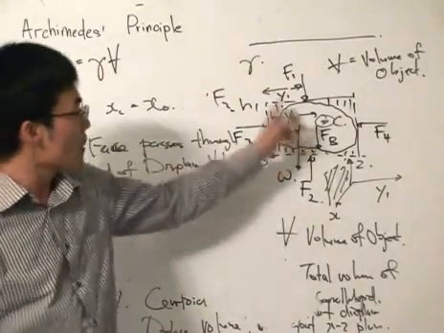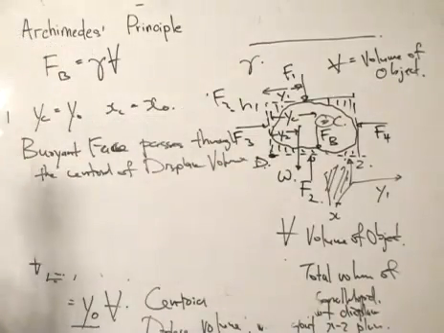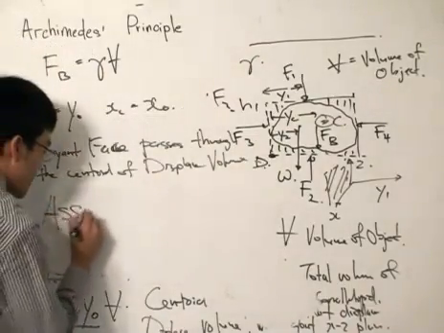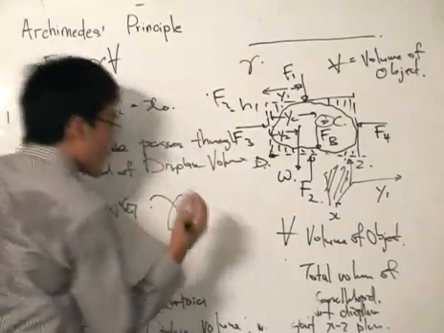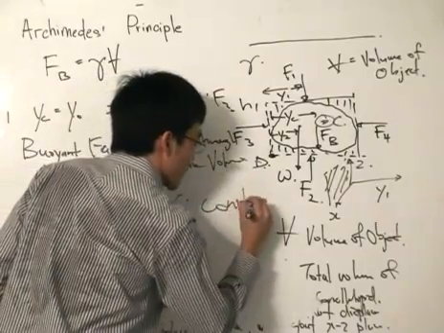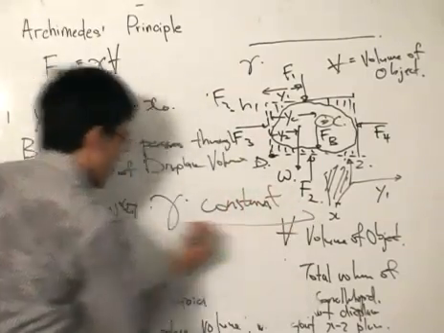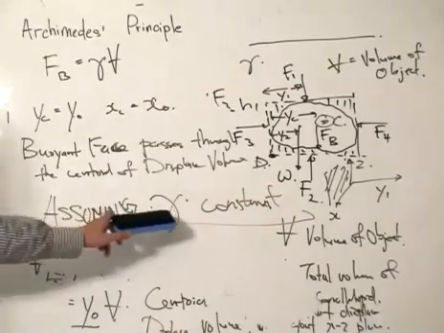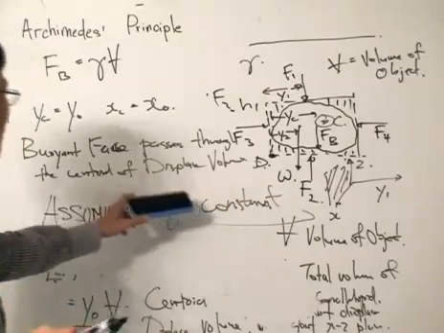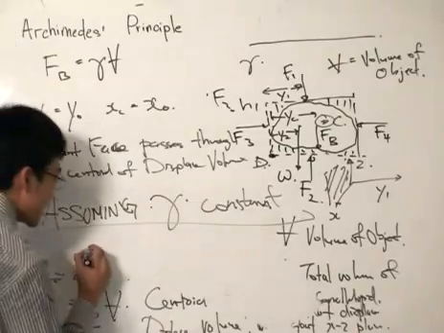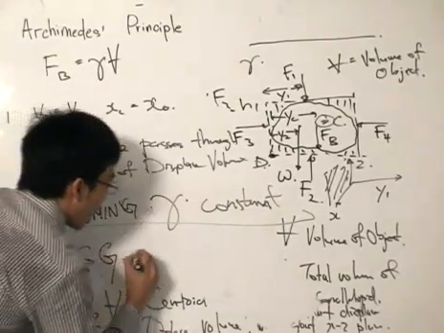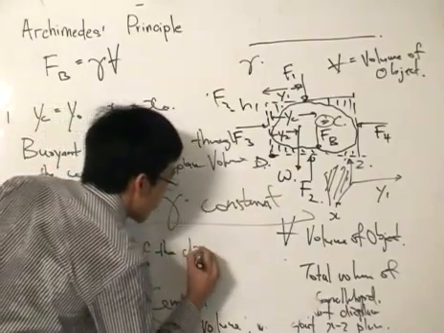But to derive it, we must take moments about an axis. Now, last thing, and this is very important, assuming specific weight is constant. If specific weight is not constant, it is not the centroid of the displaced volume. Instead, it is the center of gravity of the displaced volume.